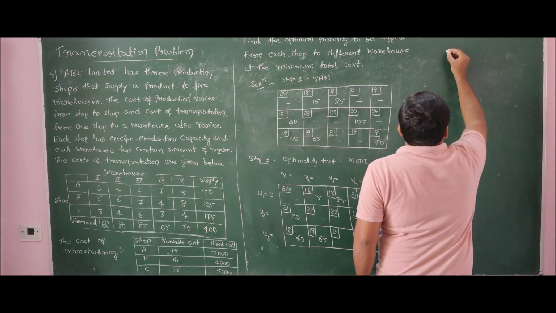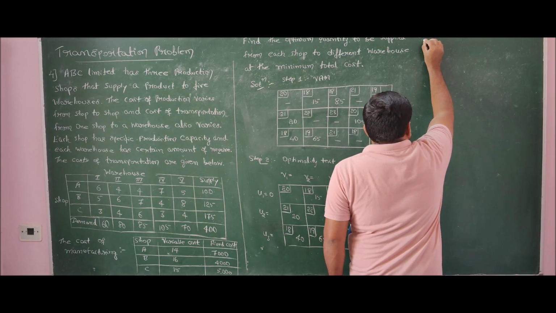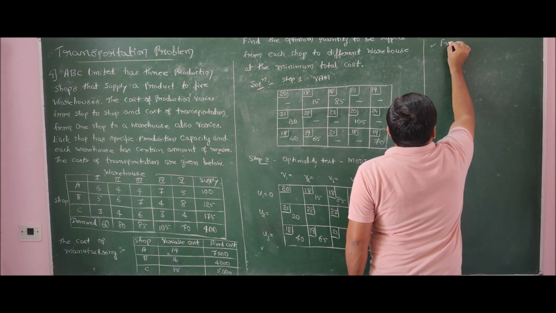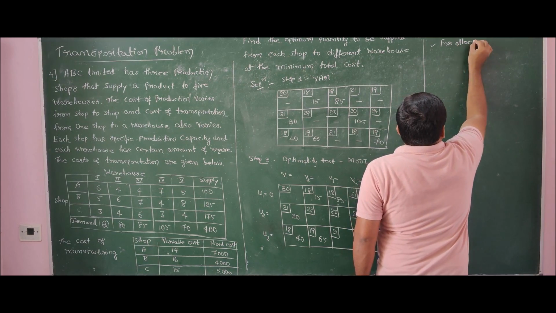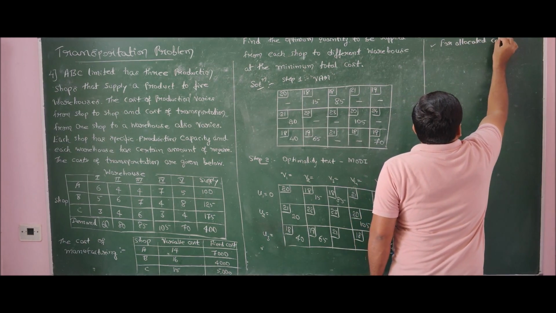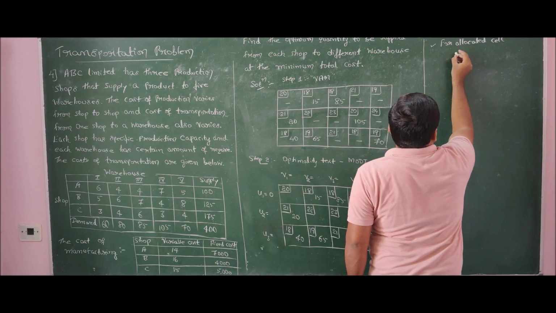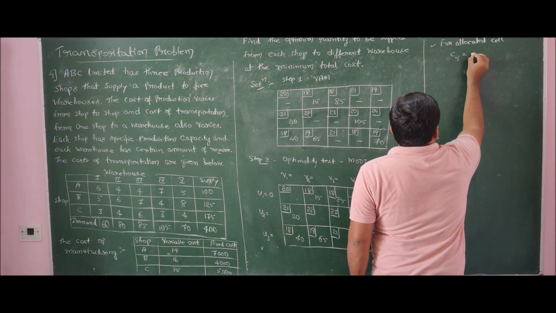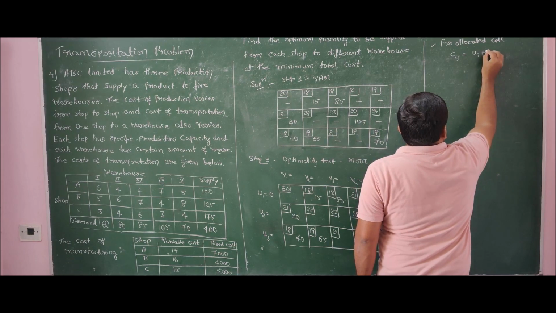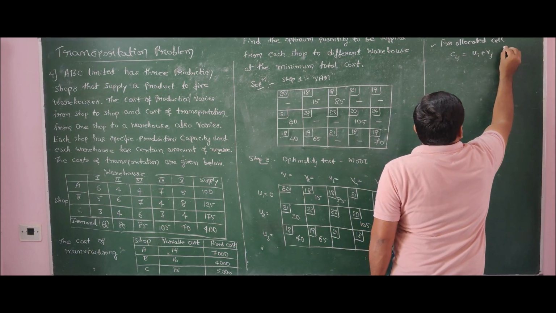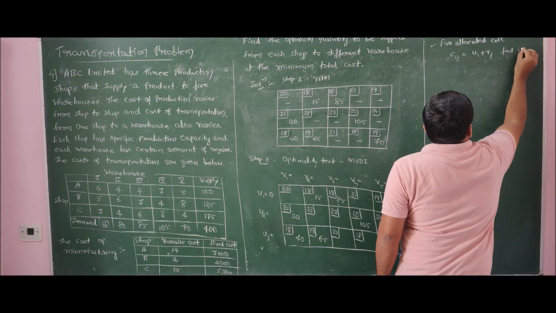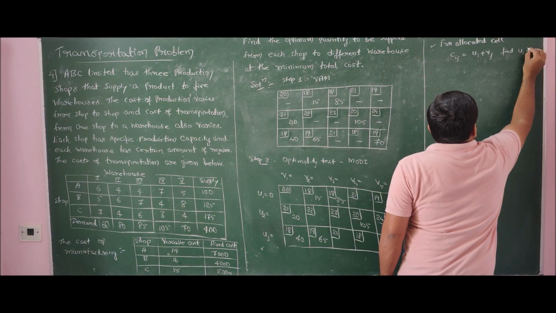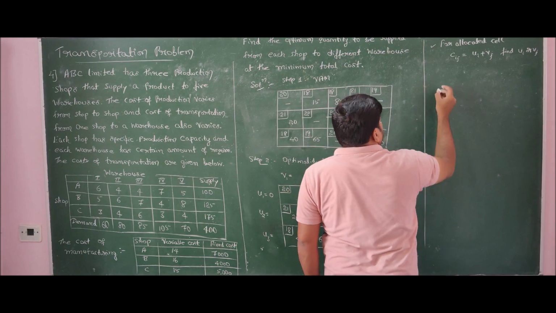So what is the rule? Let me recall. For an allocated cell, the cost Cij is equal to Ui plus Vj. Find Ui or Vj, whichever is required.